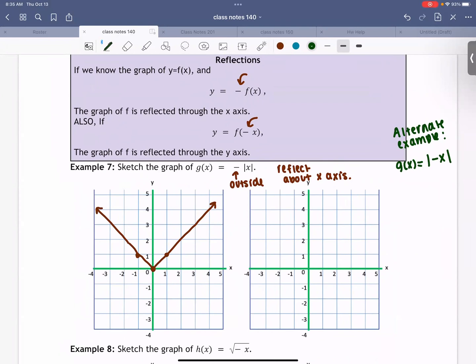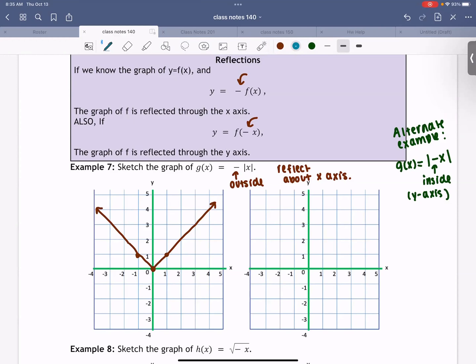The y-axis. So on the right, we have the negative on the inside of the function. On the left, the negative is on the outside. So this is on the inside, and we're reflecting about the y-axis. The actual question that we're doing, the negative is on the outside of the function, which means we're reflecting about the x-axis.